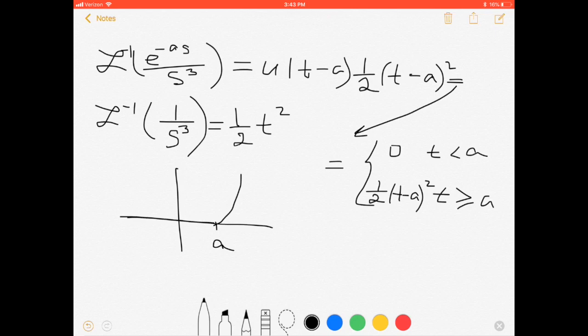Before the parabola, you have 0. This will be your graph.